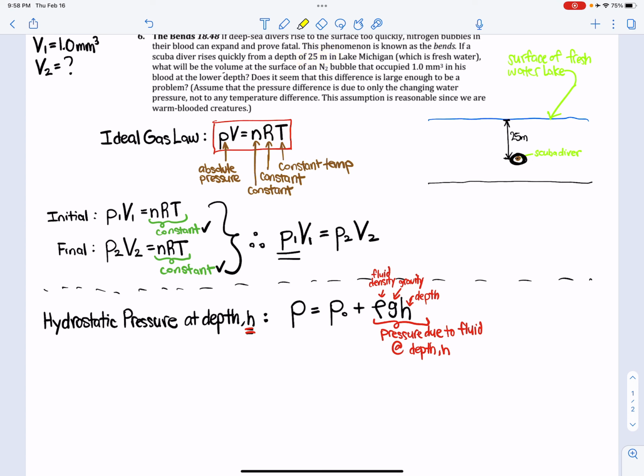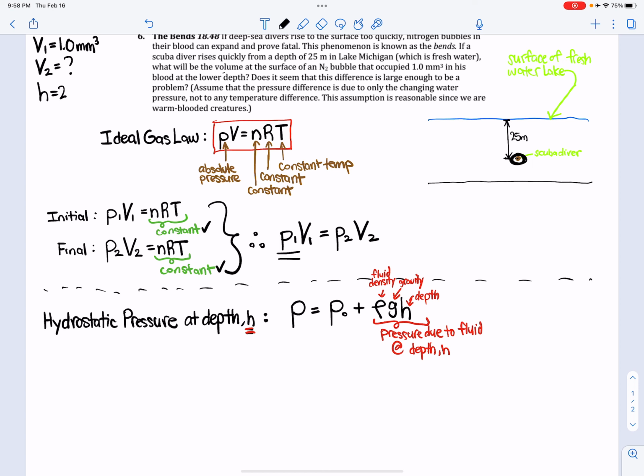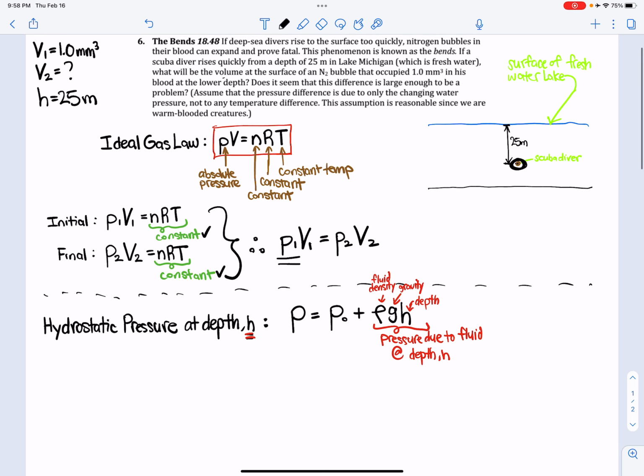Oh, actually, I'll write that down too as a given. So H equals 25 meters. All right, and this guy right here, P naught, this is the pressure at the surface.